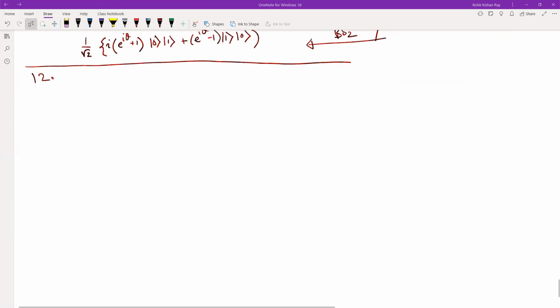So question number 12 is how to extract noise of a beam in the homodyne detection process using a beam splitter. Very good. So let us begin with the output of a balanced homodyne detector.